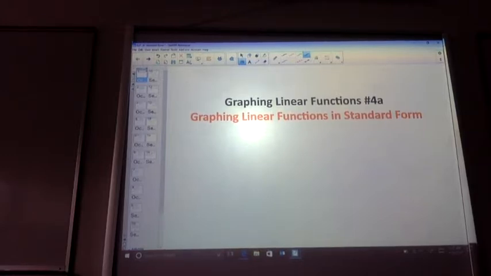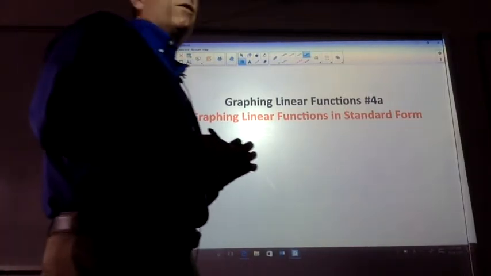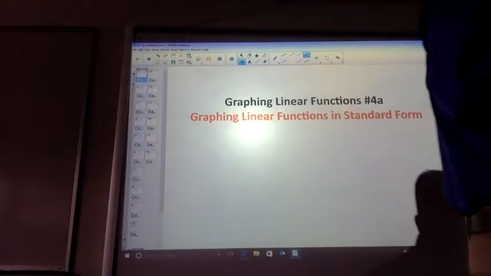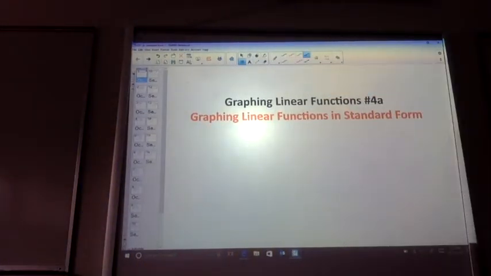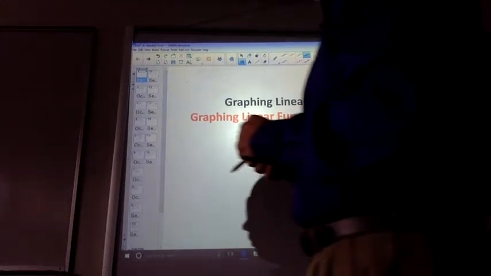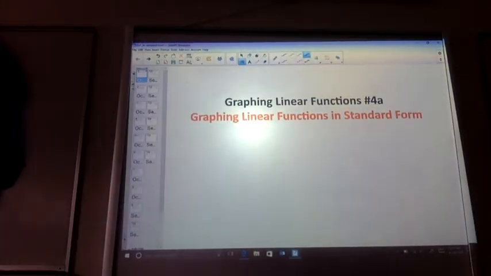Other forms that you might come across is point slope form, which means you have your y components on one side, your x components and slope on the other side. You also have slope intercept form, which means you've solved it for y, and you can identify the slope and the y-intercept pretty easily.